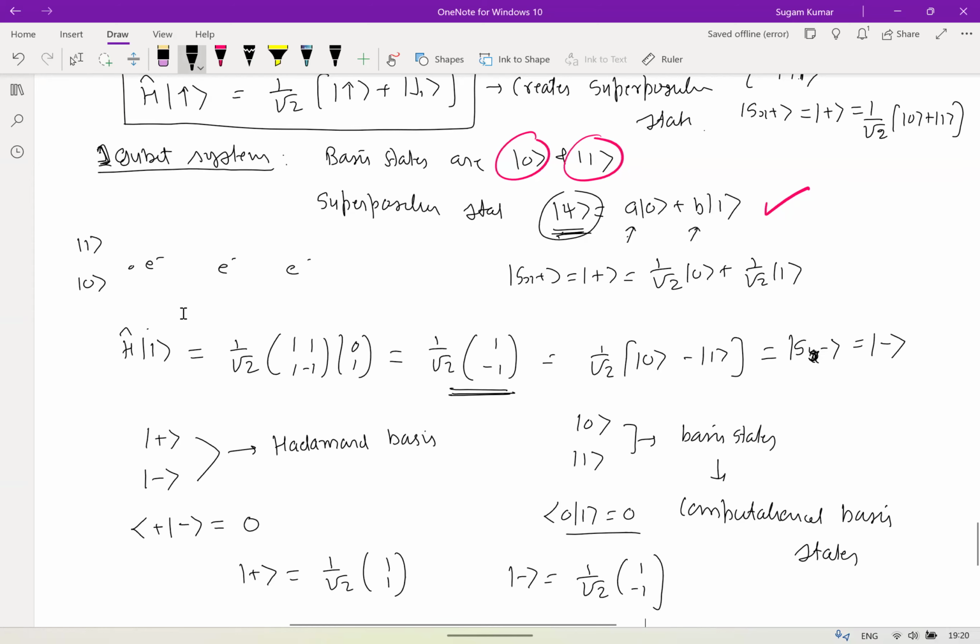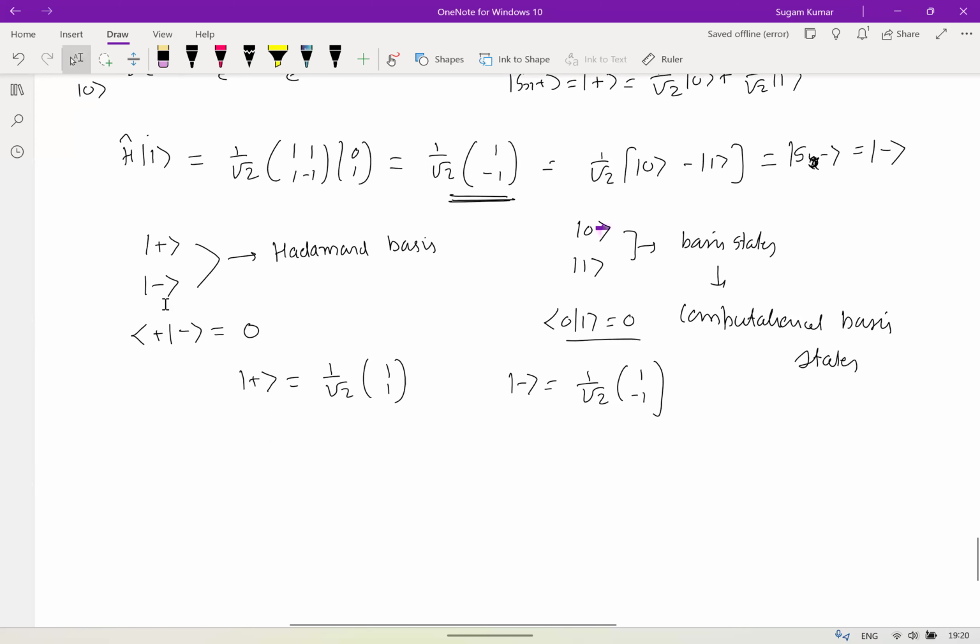This Hadamard basis is really very important because, as I told you yesterday also, in quantum computing, finally when the system is in superposition, you want to do interference to increase the probability of the right result. And this Hadamard gate is going to play a role there.